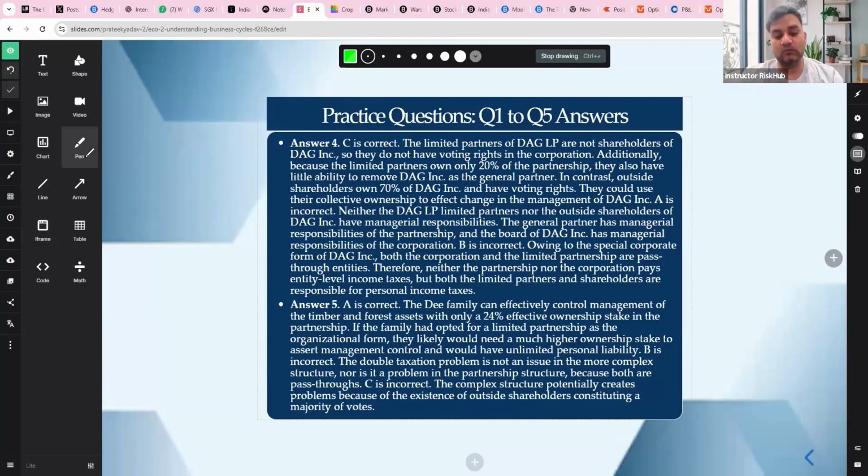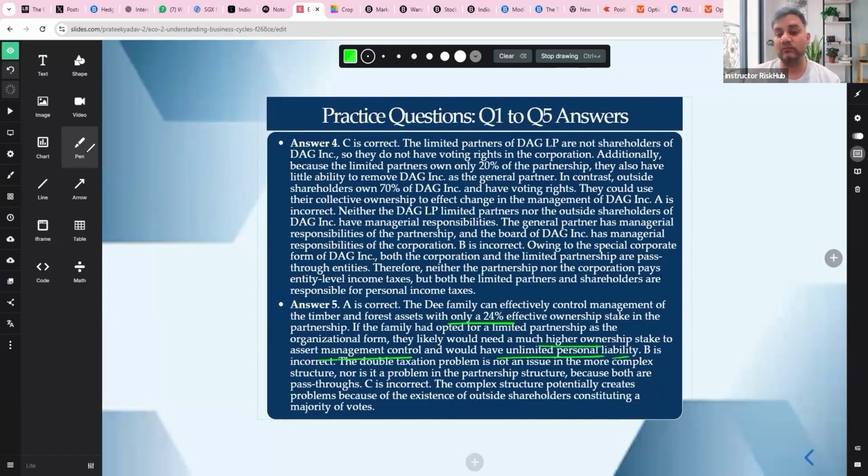So that should not be a problem, right? The D family can effectively control management because they can control the management. If the family had opted for a limited partnership as the organizational form, they would likely need a much higher ownership stake to assert management control and would have unlimited personal liability.